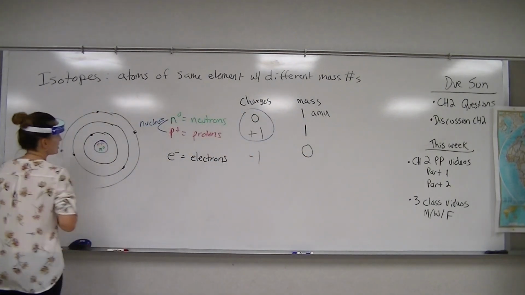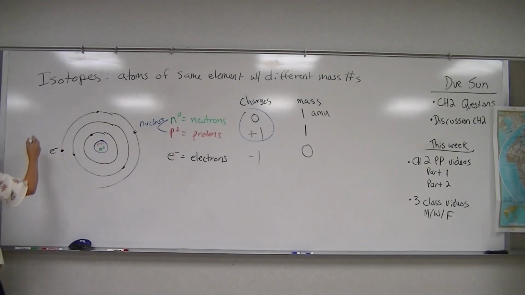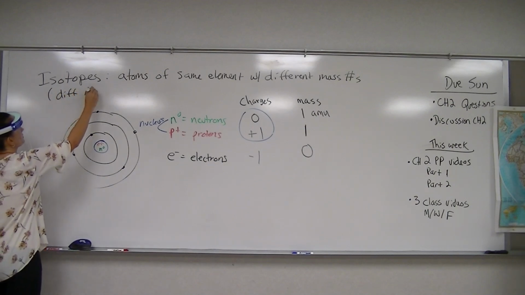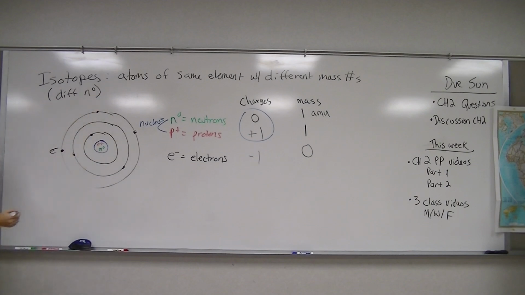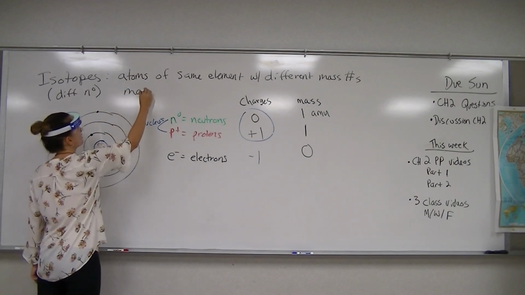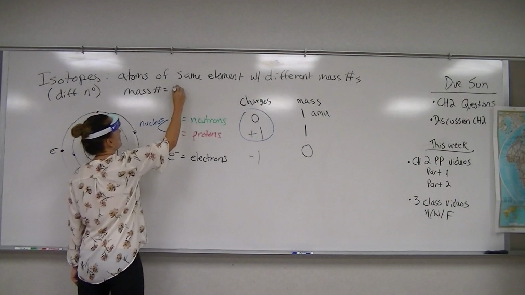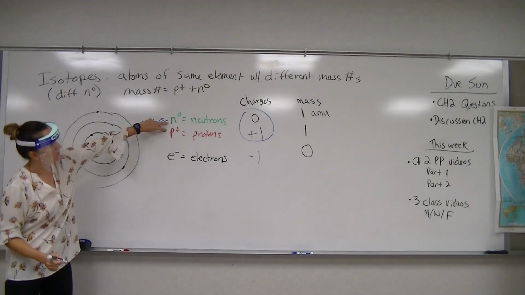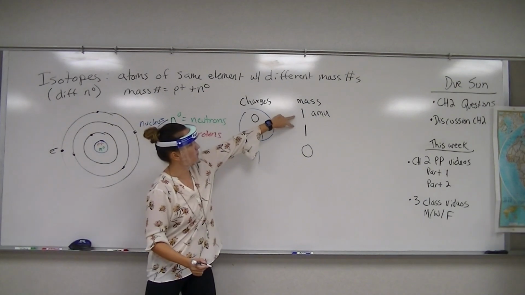So if they differ in mass number, what that means is they have a different number of neutrons. Because mass number is protons plus neutrons, right? We said those are the only 2 subatomic particles with a mass of 1 each that count.